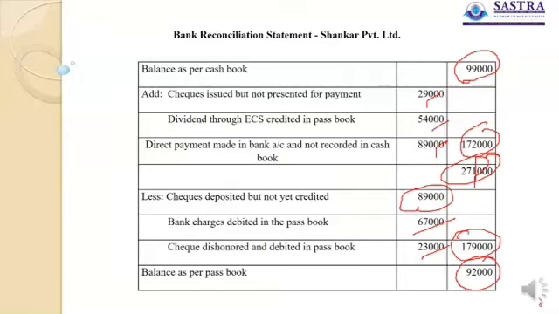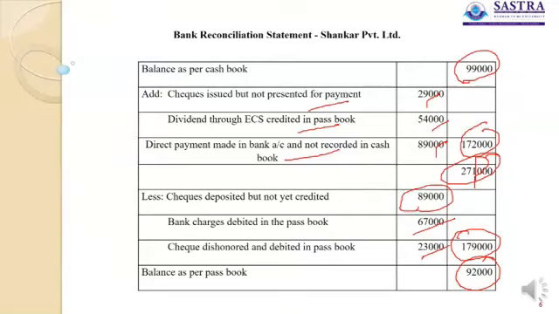In this example, the checks issued but not presented for payment, the dividend through ECS credited in the passbook, and the direct payment in the bank account not recorded in the cash book are all added, because these transactions keep the bank balance higher.